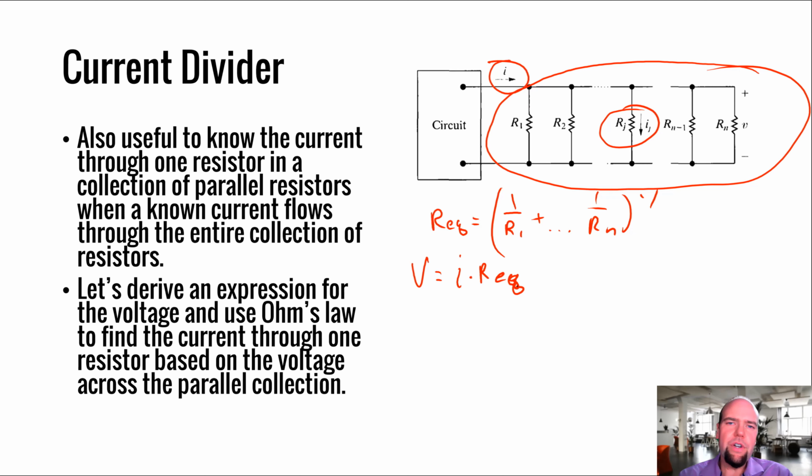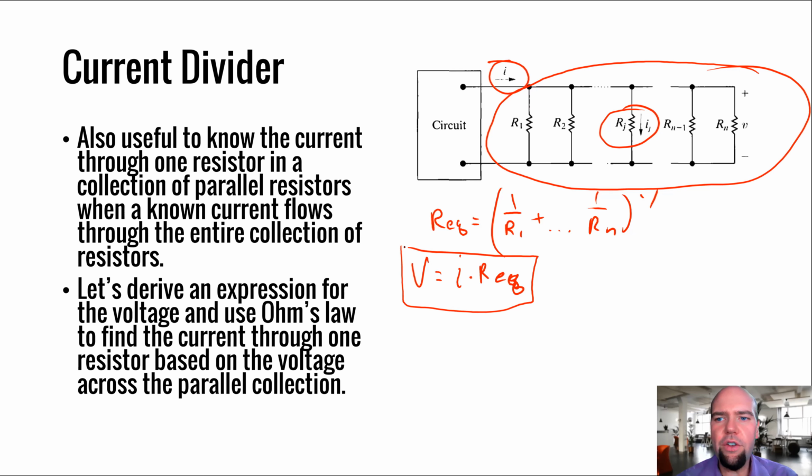But remember, the question we're trying to find is what's the current through one particular branch? What's this current IJ through resistor J? Well, if we know the voltage across RJ, we can just find this current using that resistance RJ. So we can just use Ohm's law now to finish this up. We know this is the voltage across all of them.